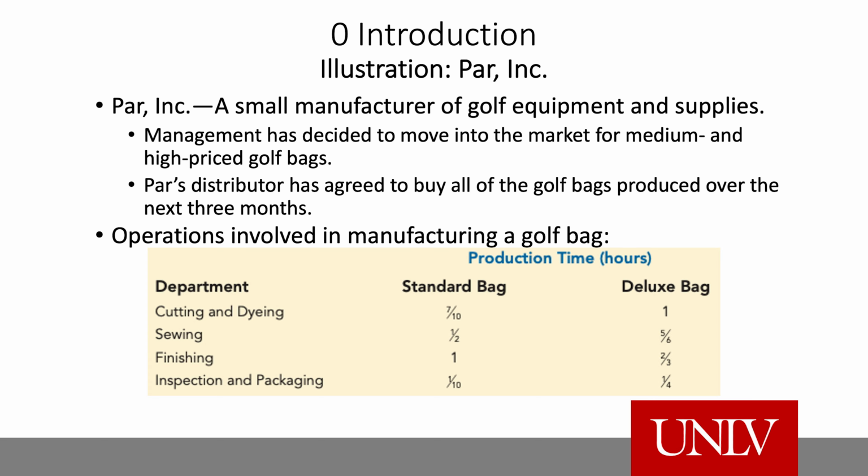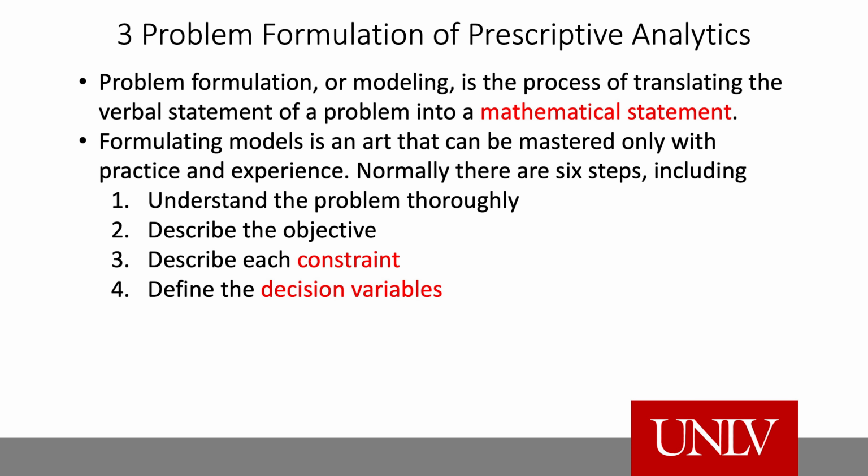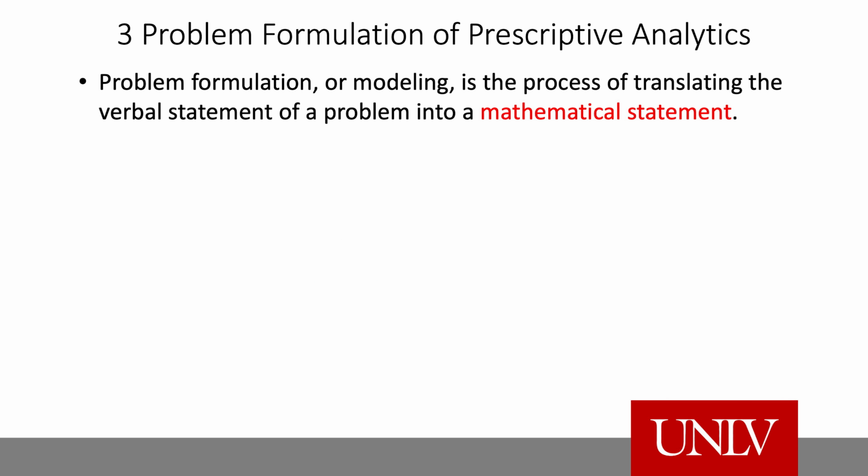So do you remember what we have done in section 2 using Par Inc. as the example? What we were talking about in section 2 is how we start with understanding the business context, knowing the objectives, and then identifying all the constraints that shape the decision. And we've talked about the 6 steps of how we can formulate a problem into a mathematical statement.